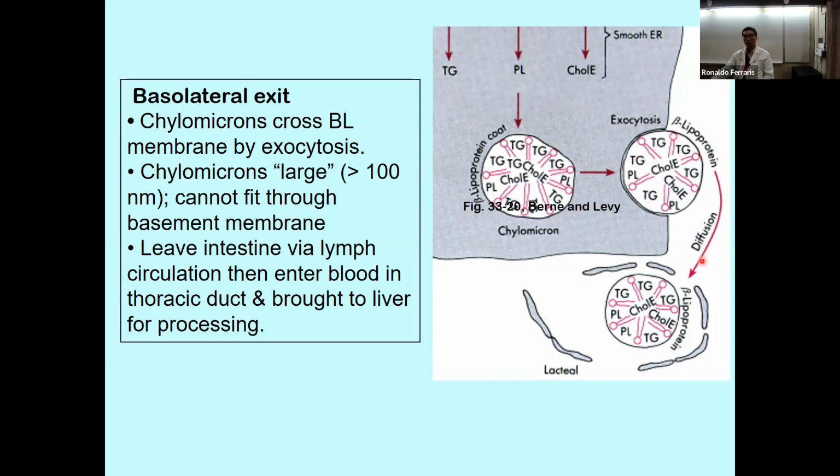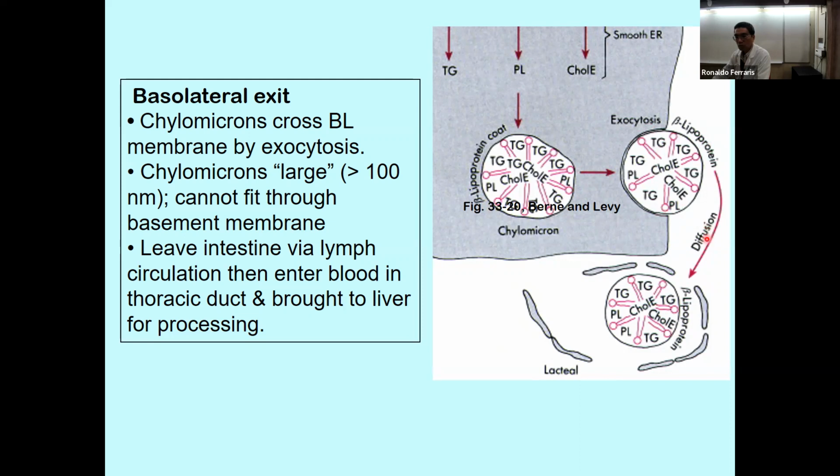And once they are in the submucosa, they cannot fit through the basement membrane. And so they go through the lymph circulation and enter the bloodstream through the thoracic duct. And then that will be brought to the liver for processing. So these are, again, your chylomicrons wrapped in apolipoproteins, and then they are exocytosed.